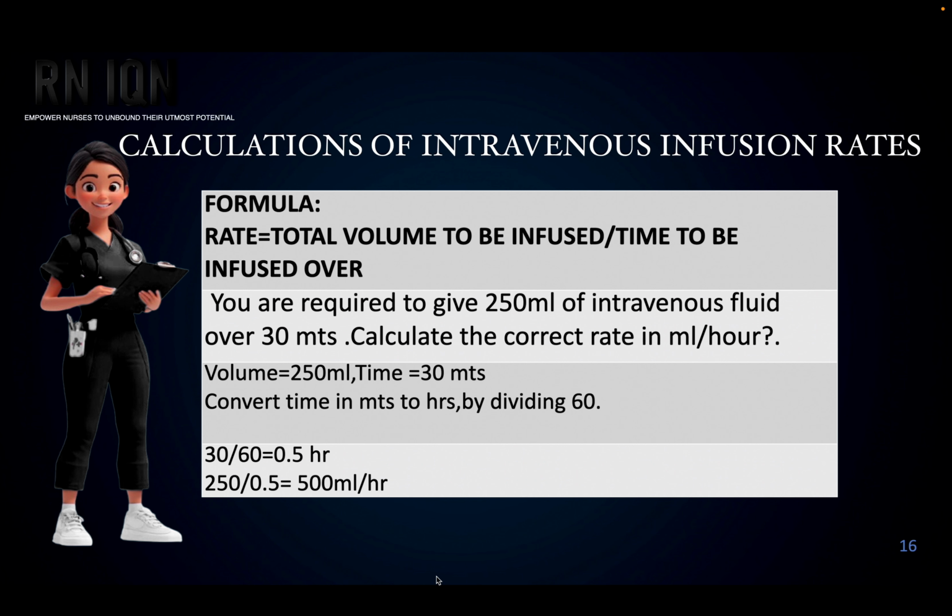So just apply this formula: 250, that is total volume, divided by time in hours, that is 0.5. Then we will get the rate. Flow rate is 500 ml per hour that you have to infuse to that patient. Clear?